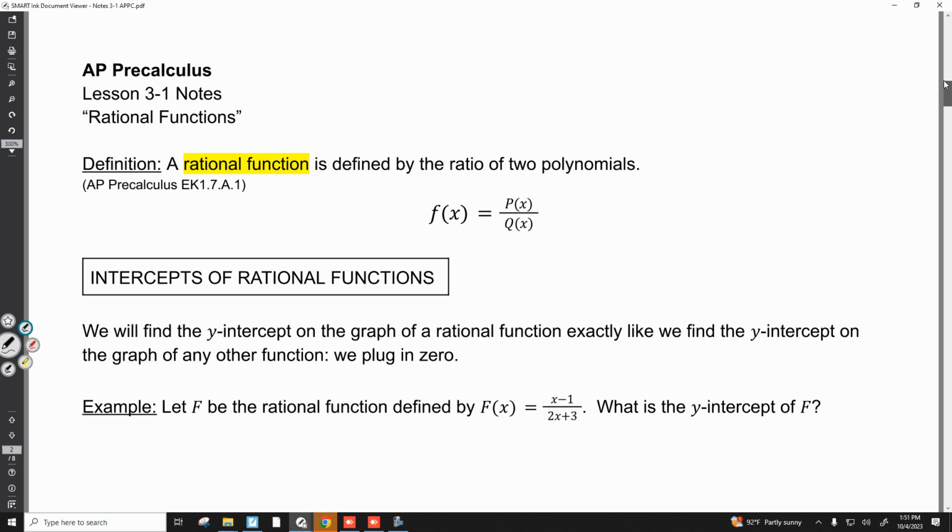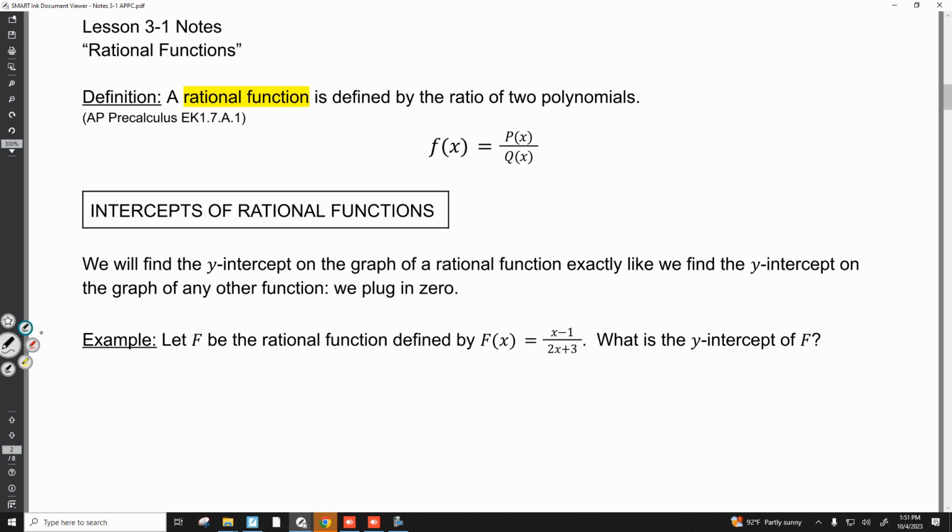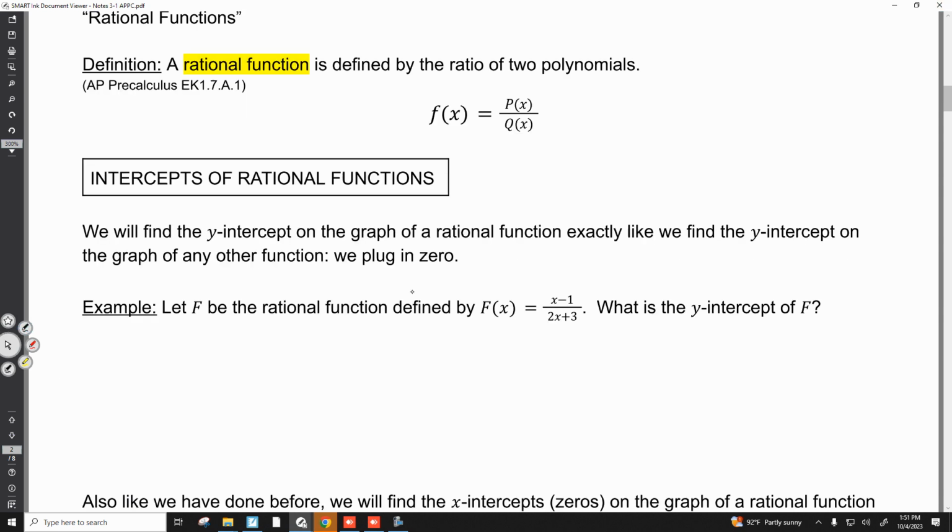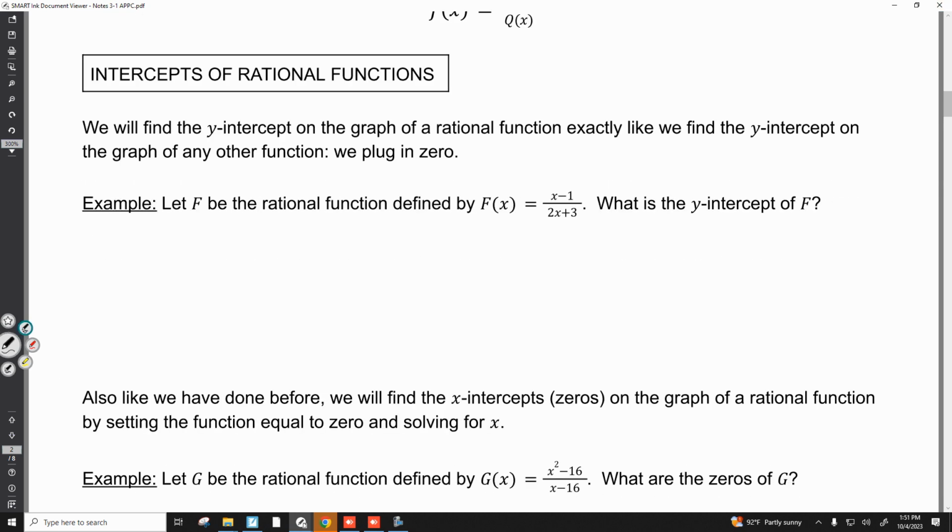First things first. Let's examine. We're going to have our example, and our example all comes first. Let's look at x plus 5, x minus 4, over x minus 4, x plus 3.